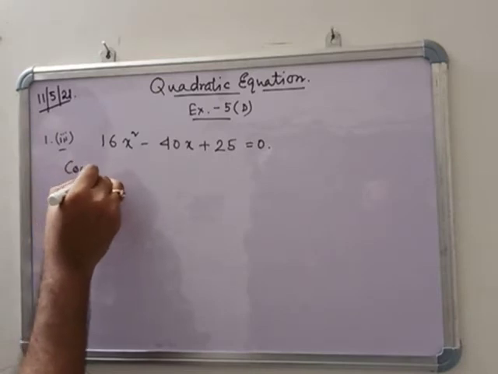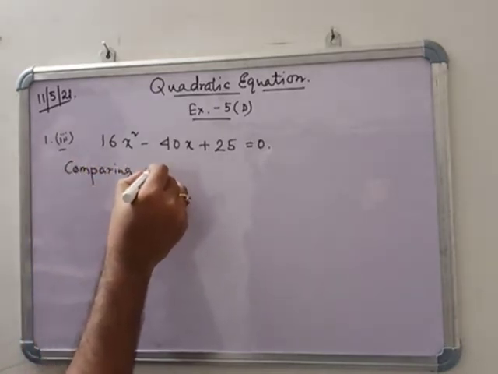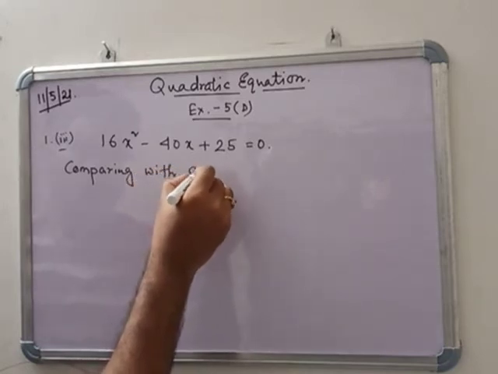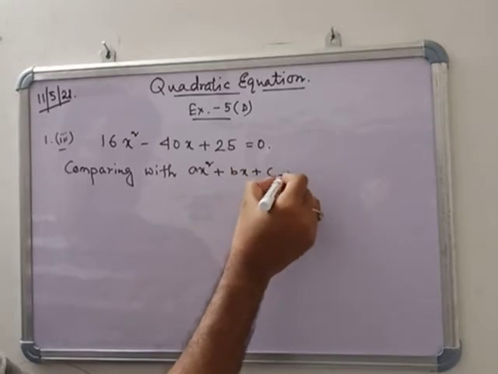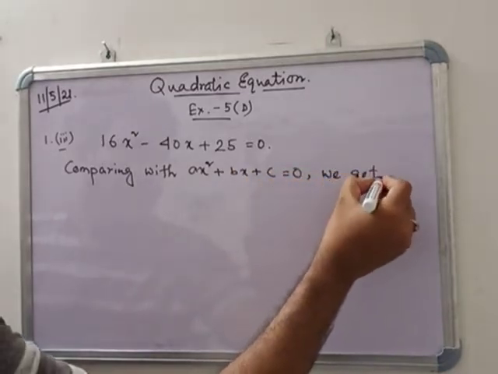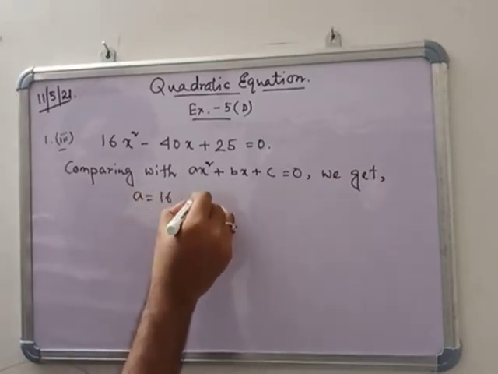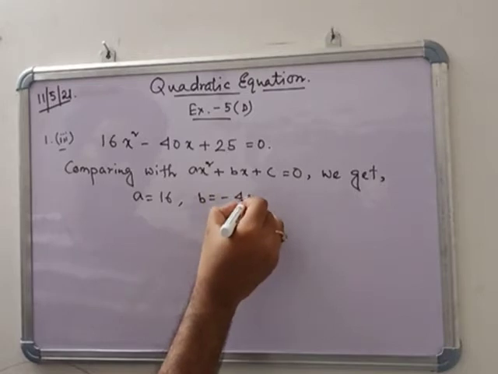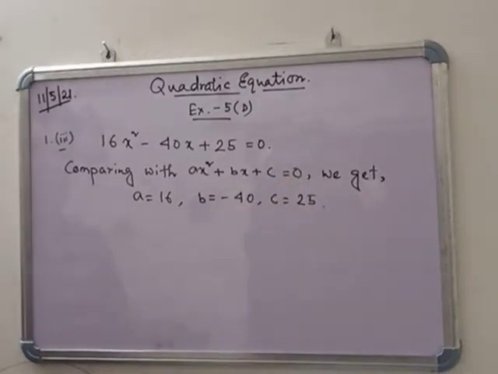Comparing with ax square plus bx plus c equals 0, we get a equals 16, b equals minus 40, c equals 25.